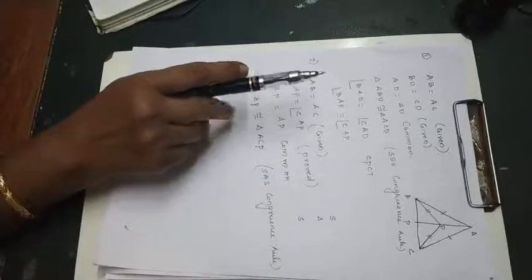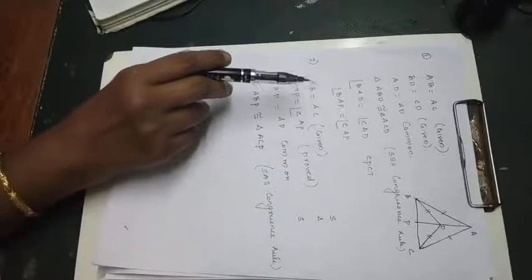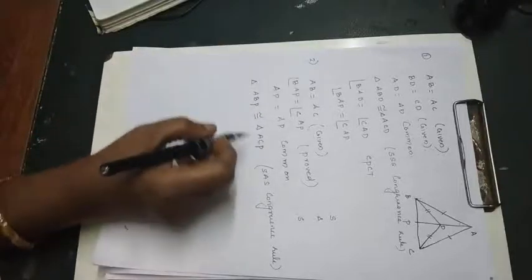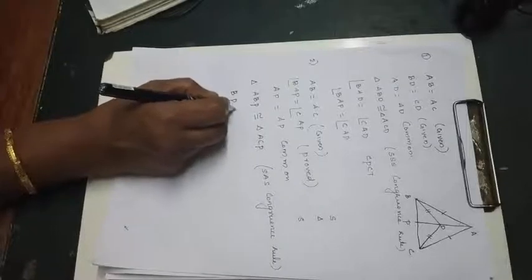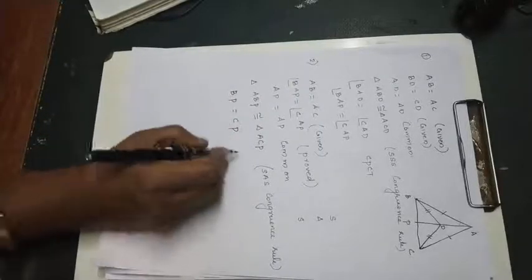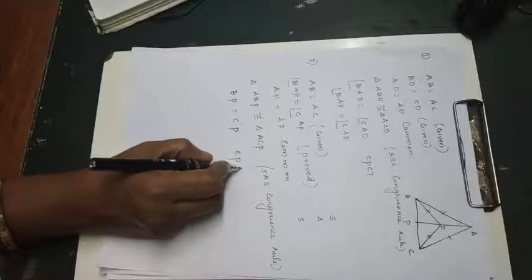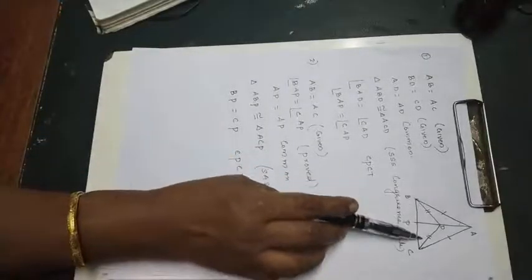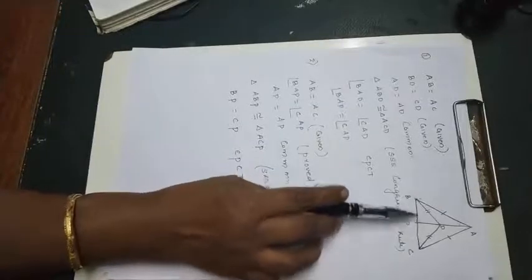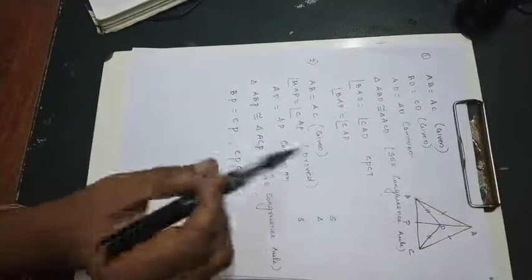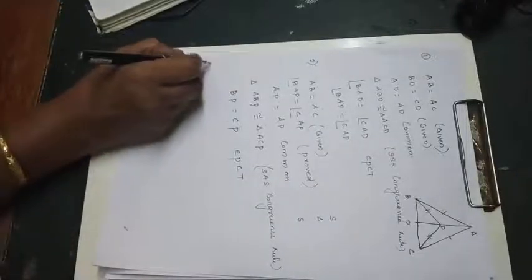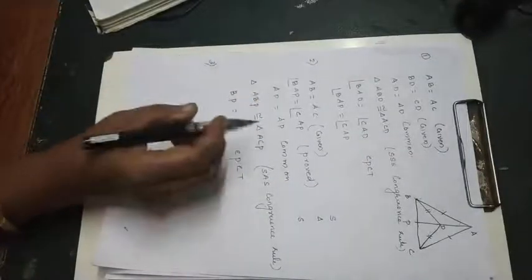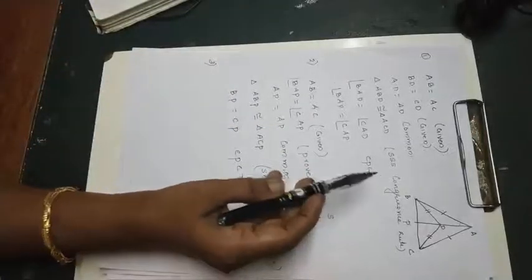For the second part, you have to take one more thing: BP is equal to CP, that is a corresponding part of congruent triangles. When these two triangles are equal, you can take BP equal to CP, corresponding parts. So the first part of the third is proved in the first itself.